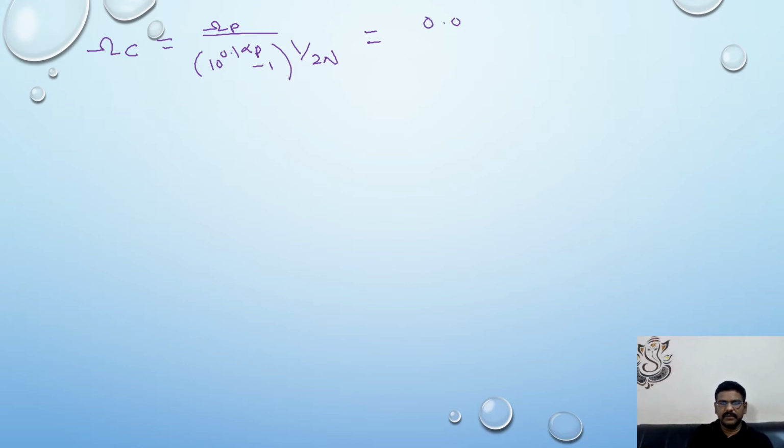Omega p we know 0.08, and then 10 power 0.1 alpha p, this is 5 dB, minus 1, and from the previous expression n is 2. If you simplify this you will get a value 0.2073.